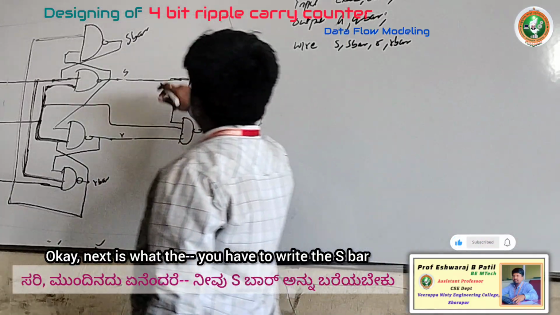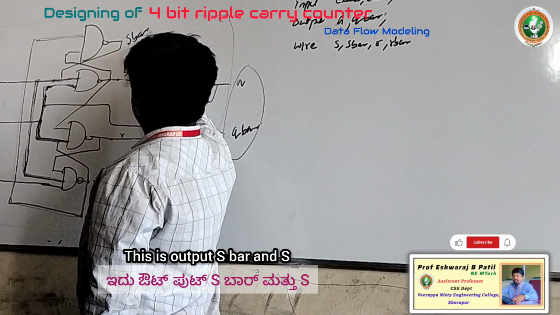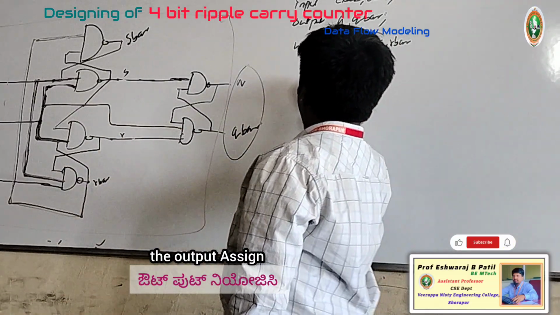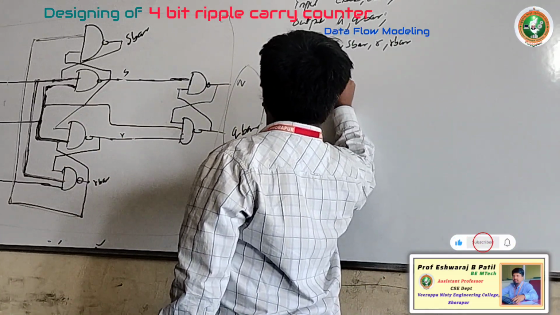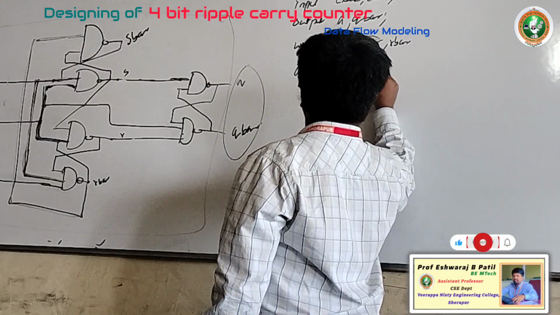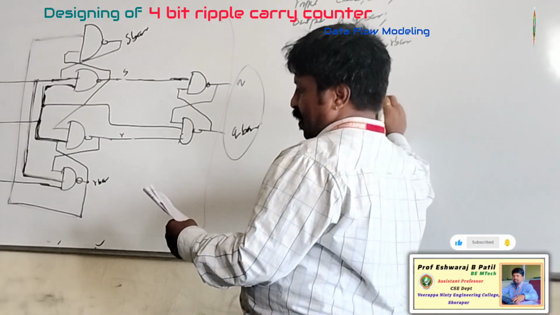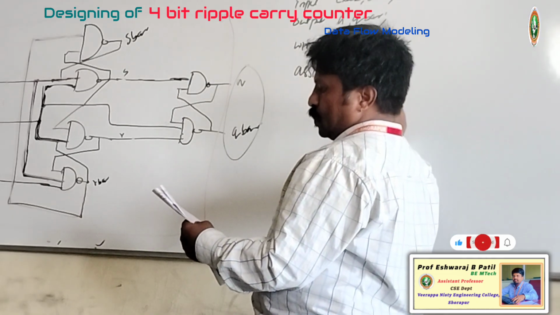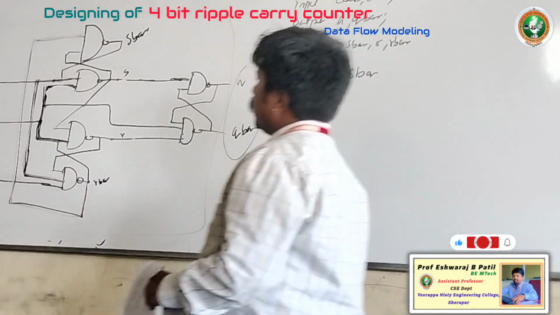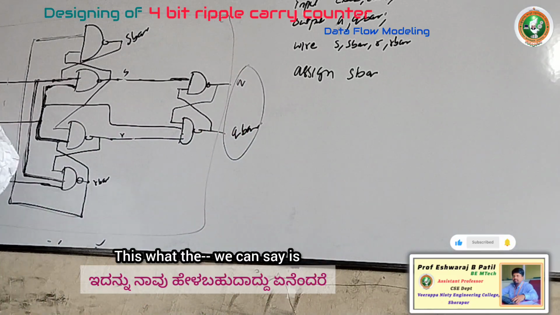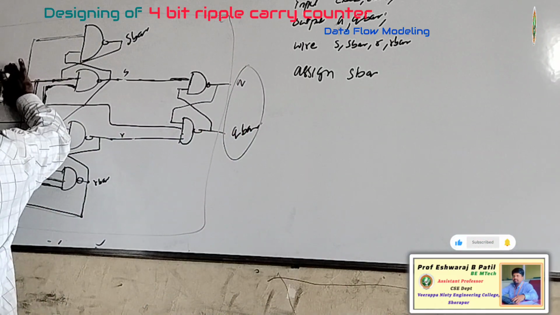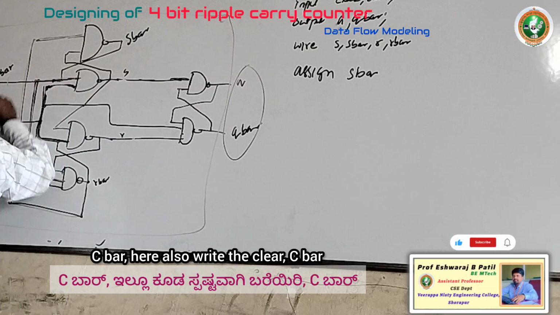Next, you have to write the S bar, the output S bar, R bar, Q bar. Now assign S bar equals to... this is clear bar, C bar.